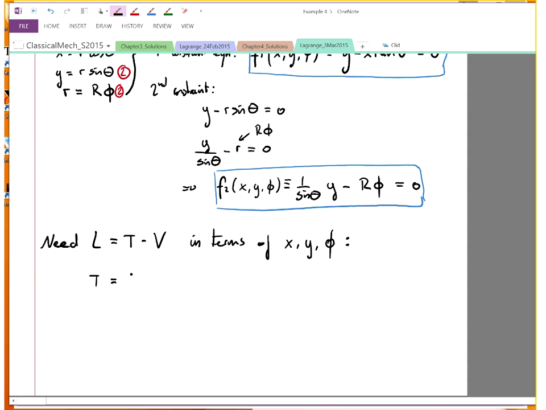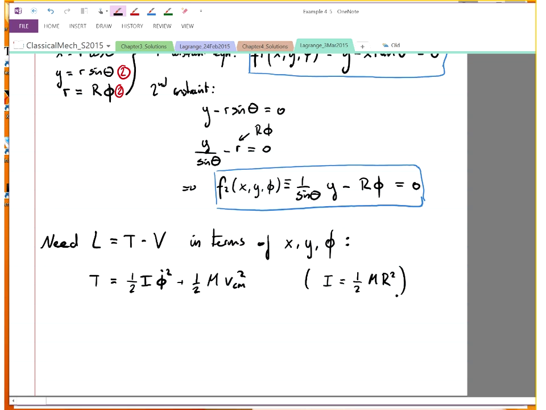So let's look at the kinetic energy T. T is the rotational plus the translational kinetic energy, right? So I have a half I phi dot squared. That's the rotational kinetic energy. And then plus a half m V CM squared. That's the translational kinetic energy of the center of mass.